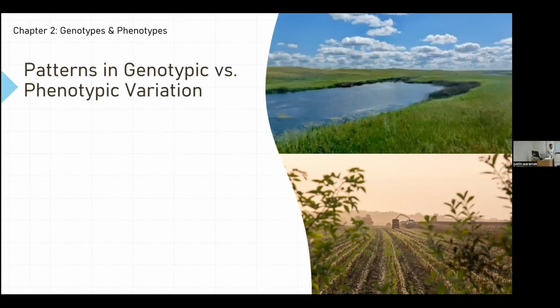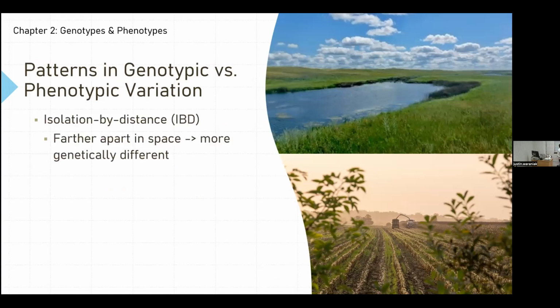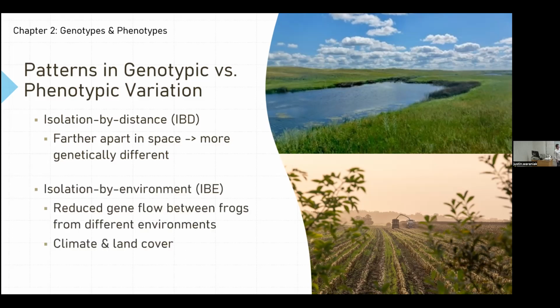Okay, so now we can start to look at whether or not the environment or some other landscape processes are explaining patterns we see in our genotypic and phenotypic variation. So we're going to look at a couple different patterns. We're going to look at isolation by distance again. We'll also look at isolation by environment.